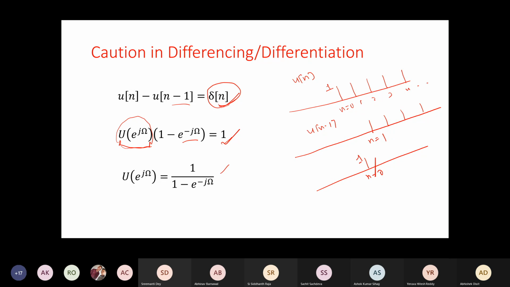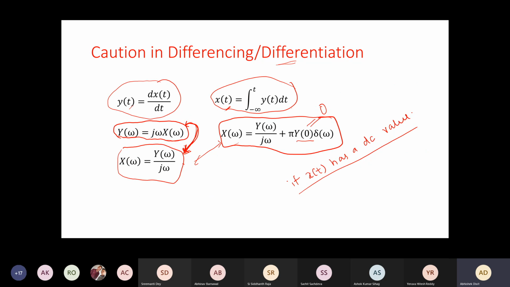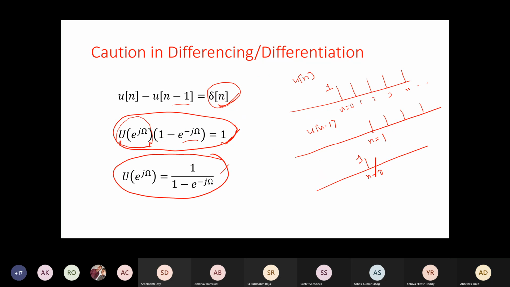Okay. Why is this incorrect? Because u[n] has a DC value, has a mean value, right? So from this expression, you cannot go to this expression. This is incorrect. Because then we are making a mistake similar to this. So we cannot find the Fourier transform of u[n] by using this.